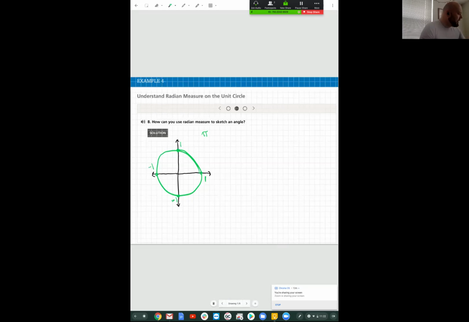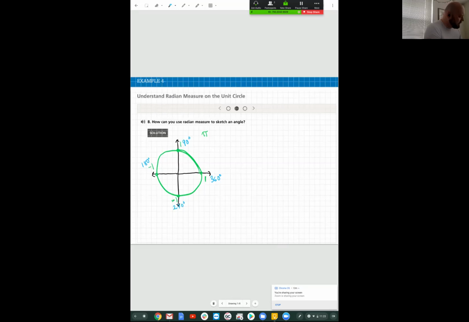You know that a full circle in degrees is 360 degrees, a quarter circle is 90, half a circle is 180, and 3/4 of a circle is 270. But what on earth is pi? Let's go back and think about radians.